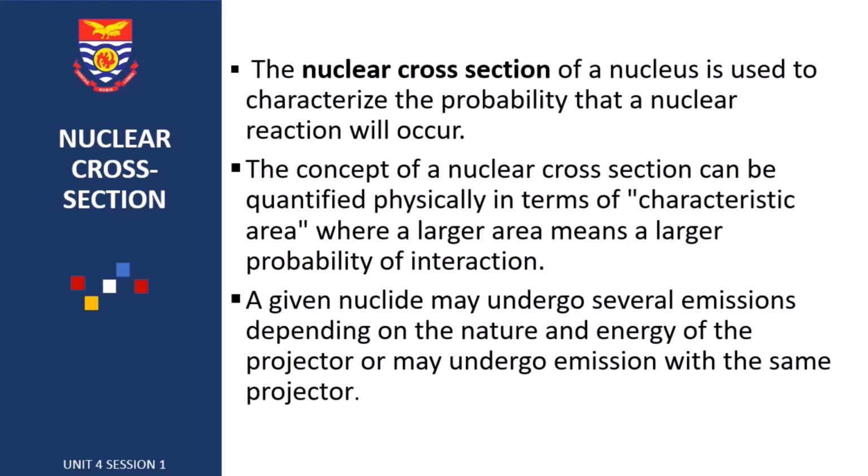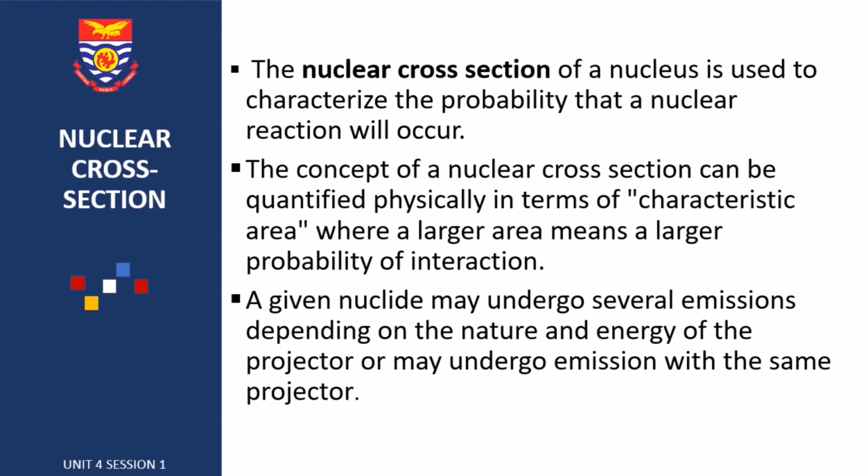In nuclear chemistry, one of the ways to understand the nucleus is by nuclear reaction. And to induce nuclear reaction, we need to bombard the nucleus with particles. These particles could be protons, neutrons, or electrons.